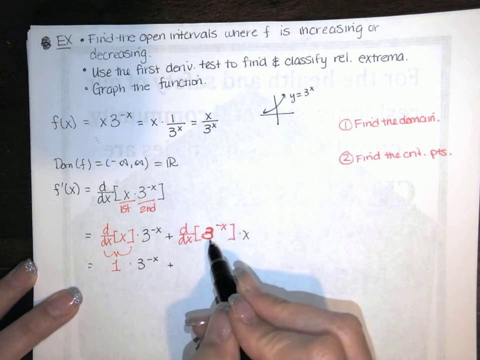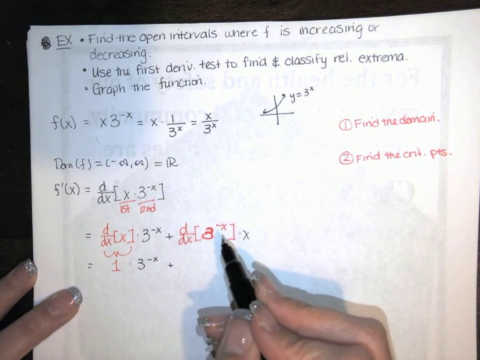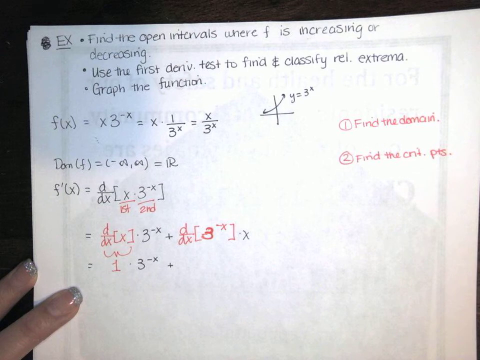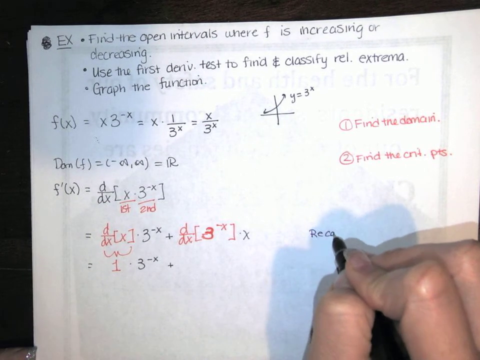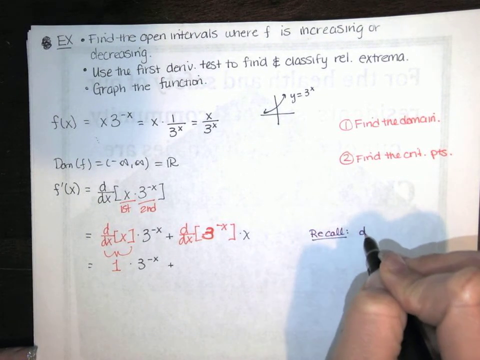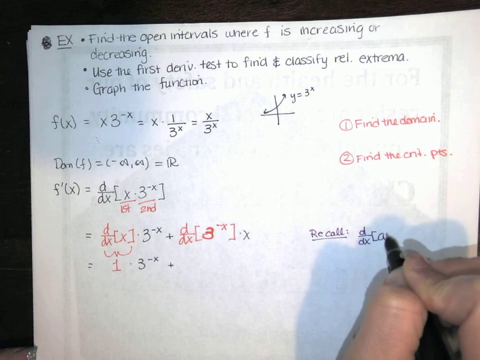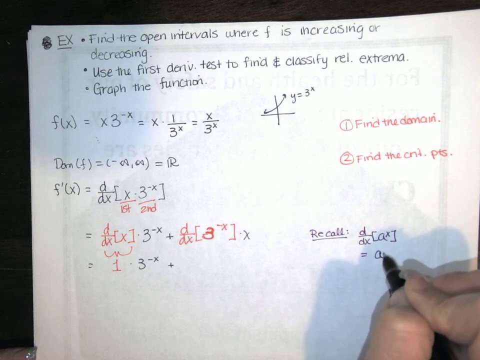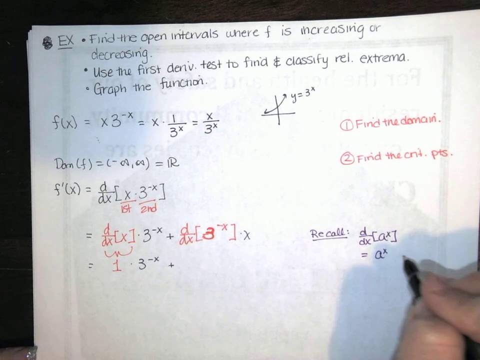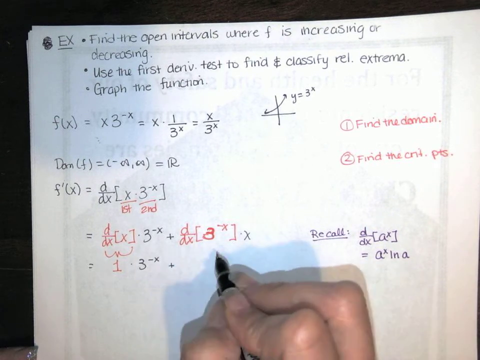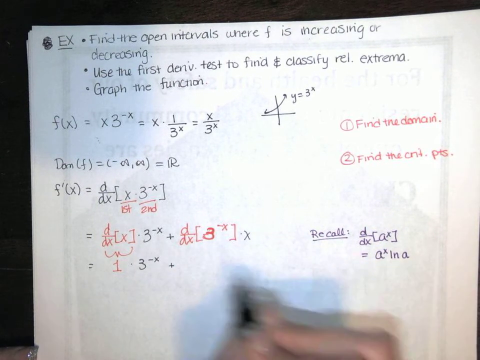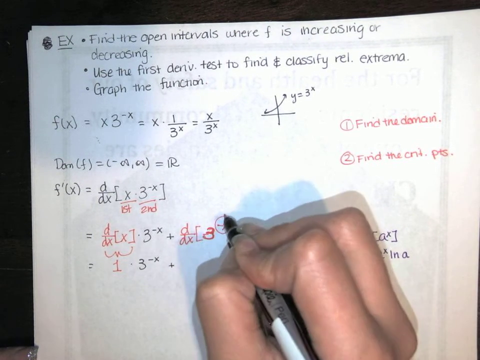And the derivative of 3 to some power, derivative of a to the x, this is not a rule that we have emphasized very much. The derivative of a to the x is a to the x, so exactly the same exponential, times natural log of the base. So the derivative of 3 to the negative x, well, it's this rule, but notice you've got a negative x inside.